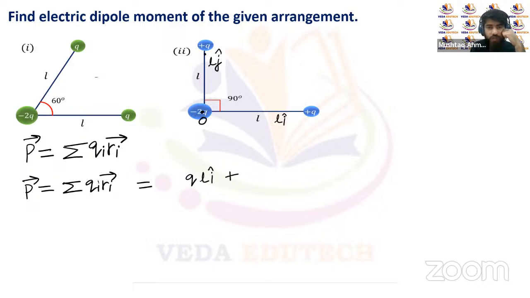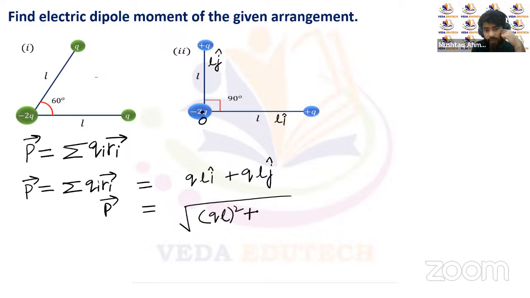And because of this charge plus q, the position vector of this charge q with respect to this origin is L j cap. So this will be the net dipole moment, right? Calculating the magnitude of this dipole moment, it will be under root of qL whole square plus qL whole square, so it will be root 2 times q multiplied by L. So this will be the net dipole moment because of this charge distribution.